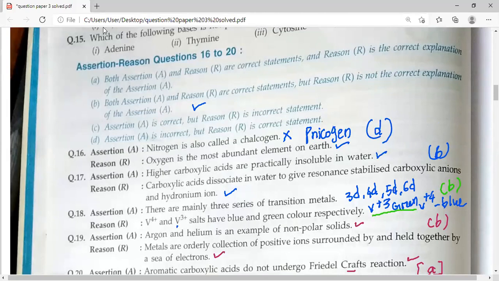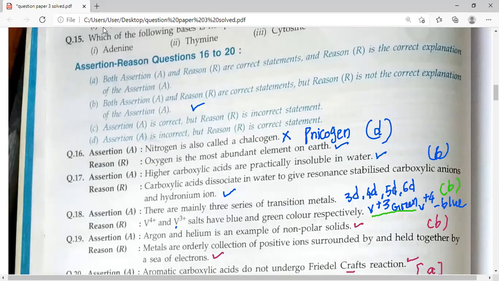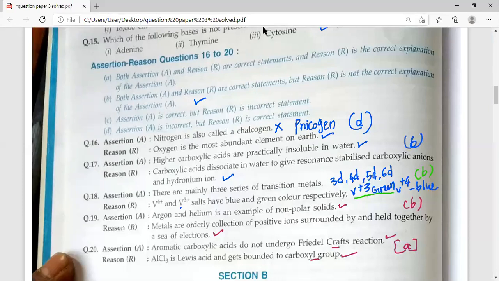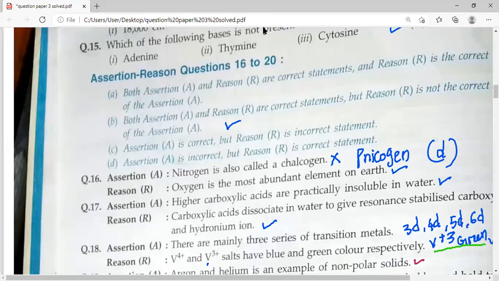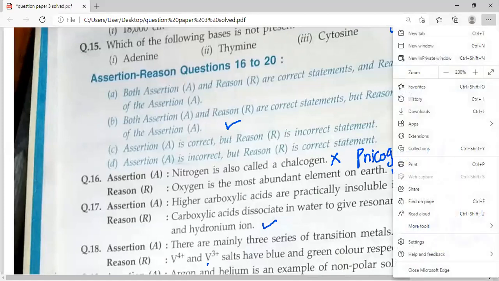Here it is exactly opposite, so the option will be D. Assertion is incorrect, nitrogen is not called chalcogen, but reason is correct. Yes, oxygen is the most abundant element on the earth, and that is why the answer is D. Let's move forward and study a little more, my dear students.